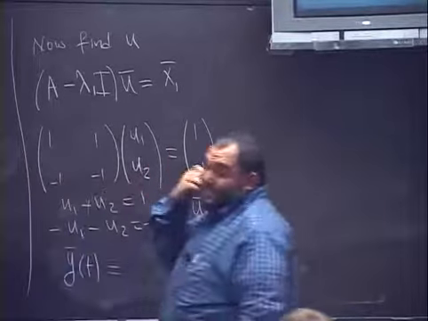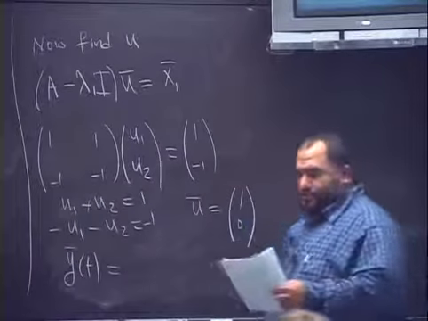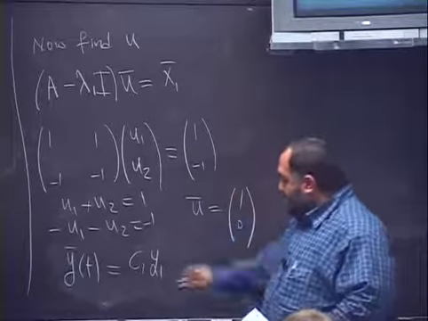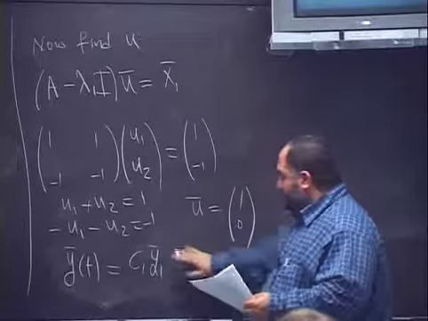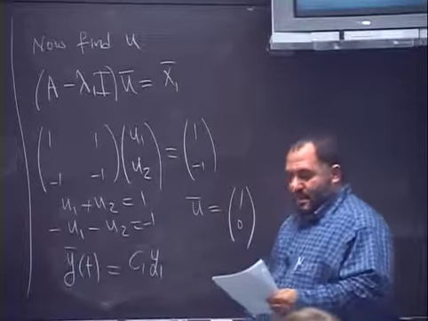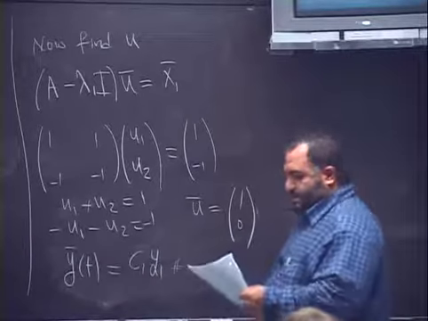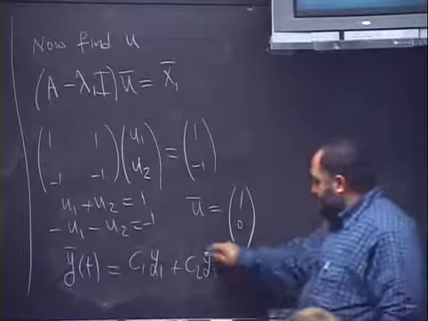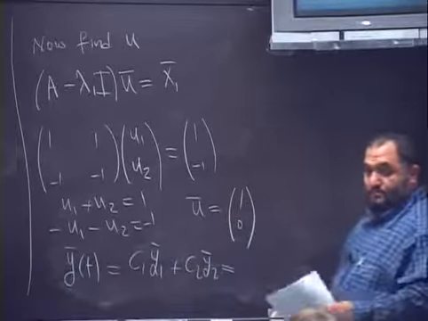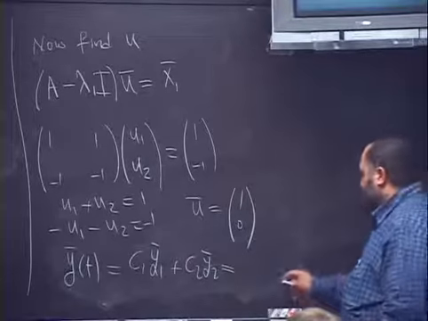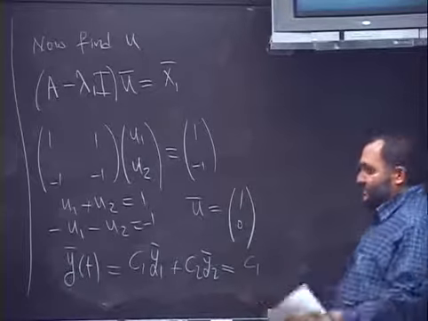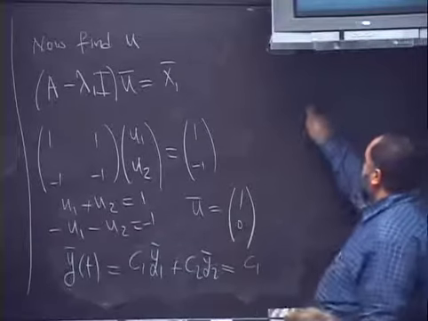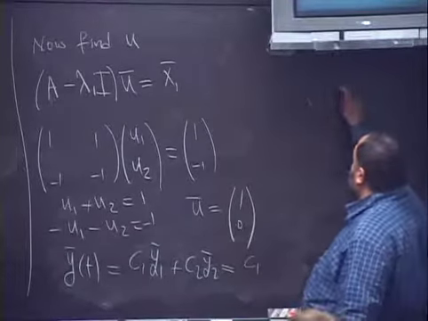And what will be your solution? We have the first solution is what? y1. Yes? And what's the second solution? Yes? So C1, what's y1? x e to the power of lambda t.